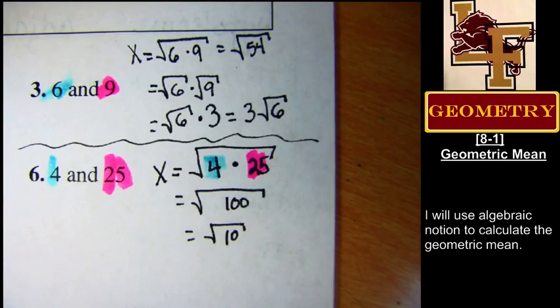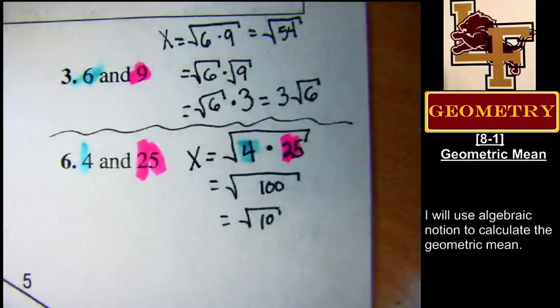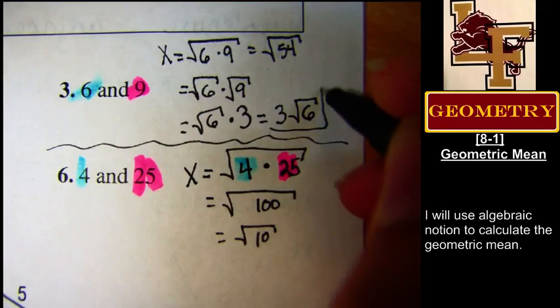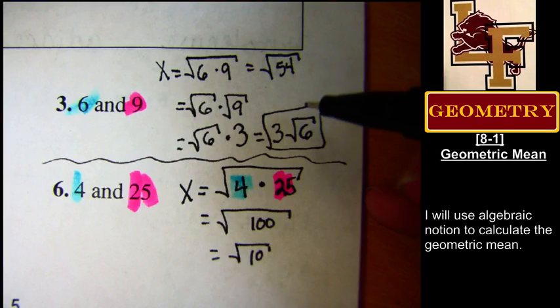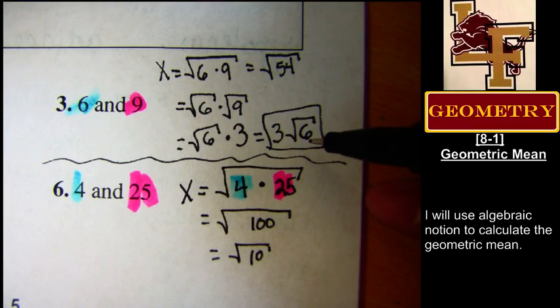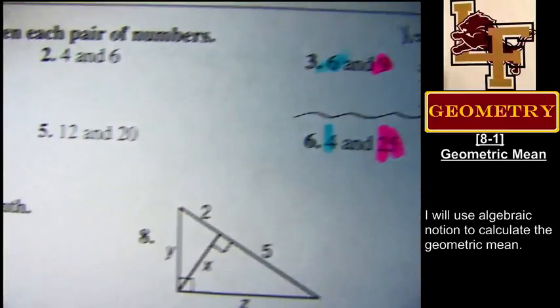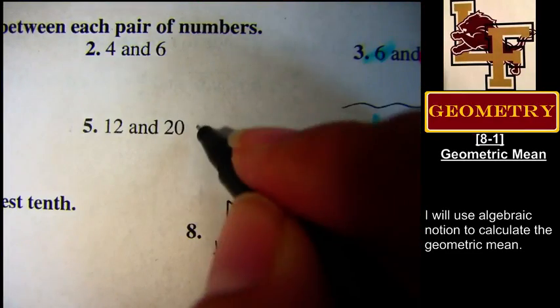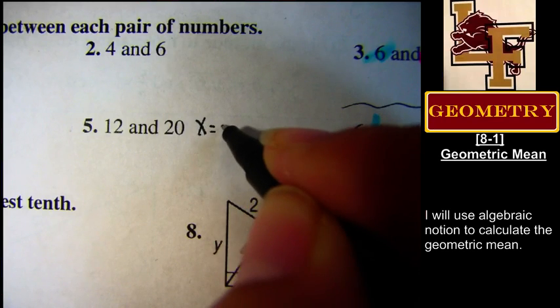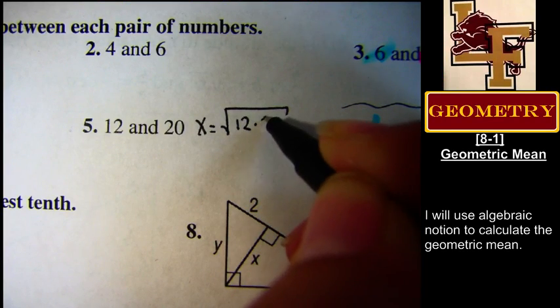Good. I'd like to look at number 5, this one right here. Not this one, this one. So I have 12 and 20. The geometric mean between 12 and 20 is the square root of 12 times 20.